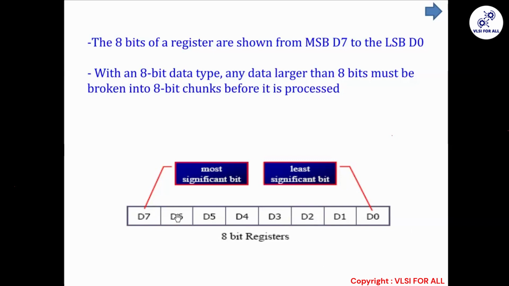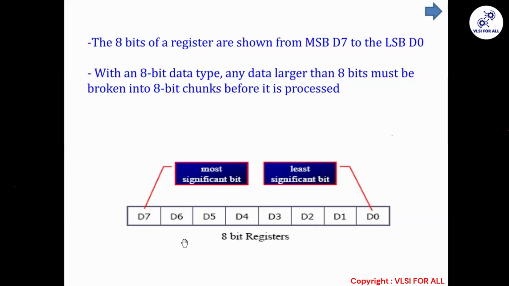For 1, 0, 0, 0, what is the hexadecimal representation? 1, 0, 0, 0 means 8.